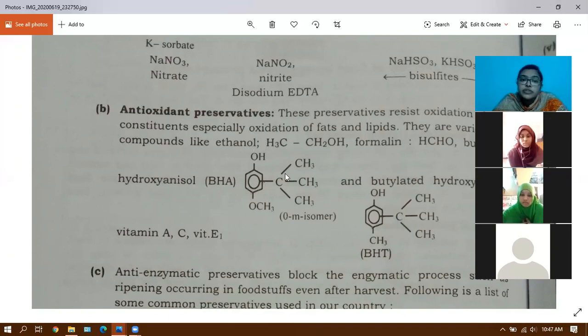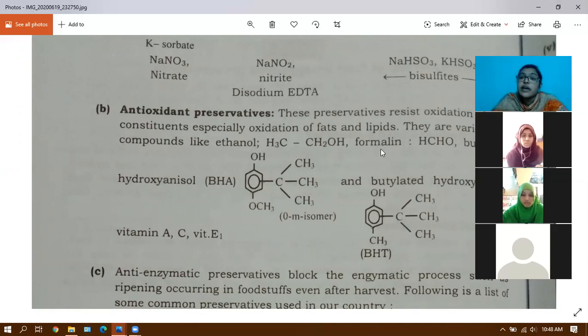Now the question is, what is BHA and BHT? The answer will be: BHA means butylated hydroxyanisole and BHT means butylated hydroxytoluene. It is one kind of antioxidant preservative.